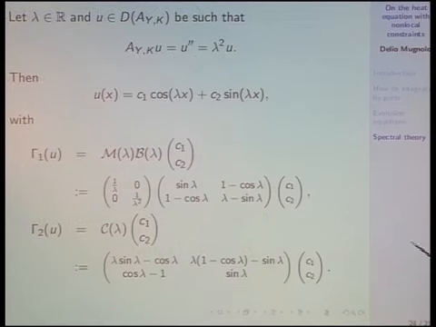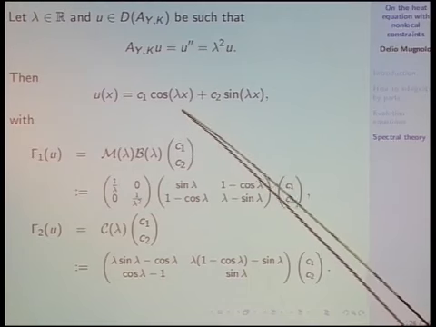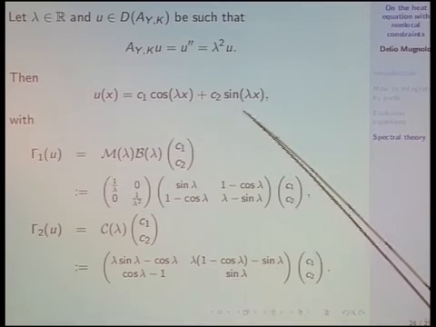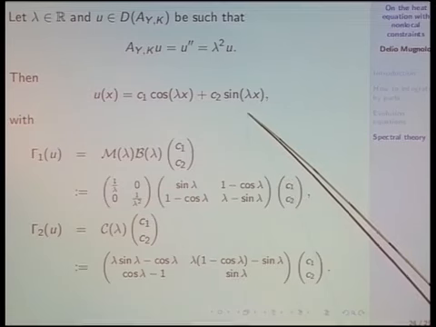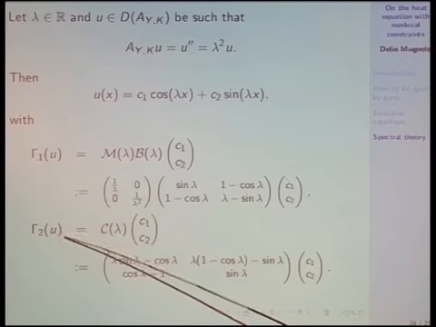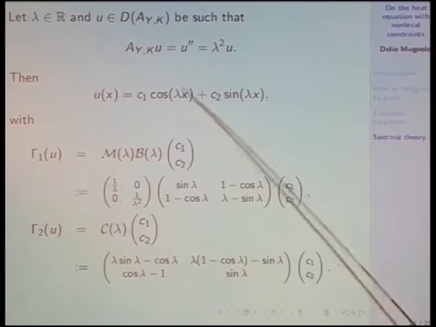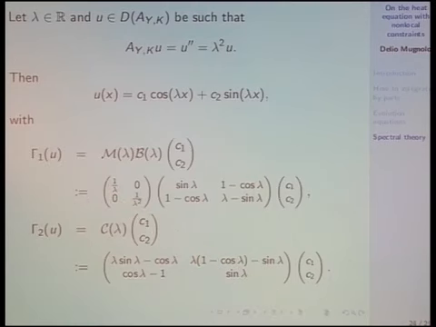Well, if you want to solve the elliptic problem, of course, you end up with a classical solution like this. And now, if you try to impose the integral conditions we were considering, then you just compute directly what gamma 1 and gamma 2 are for this function here.